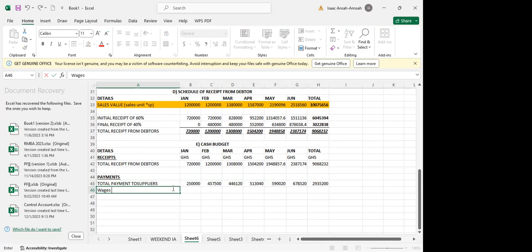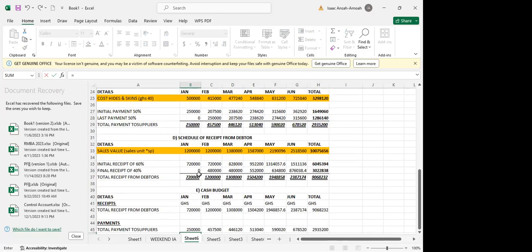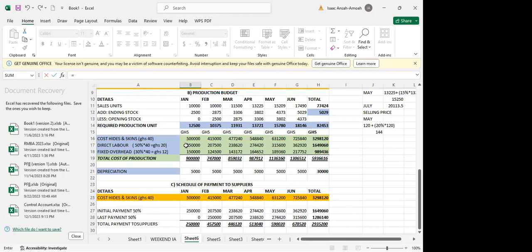They told us that wages are paid for as they are incurred. So we bring back wages to this, right? Where do we find it? We're going to find labor in the production budget. Where is it? Yeah, this is it. So we are reporting these figures.